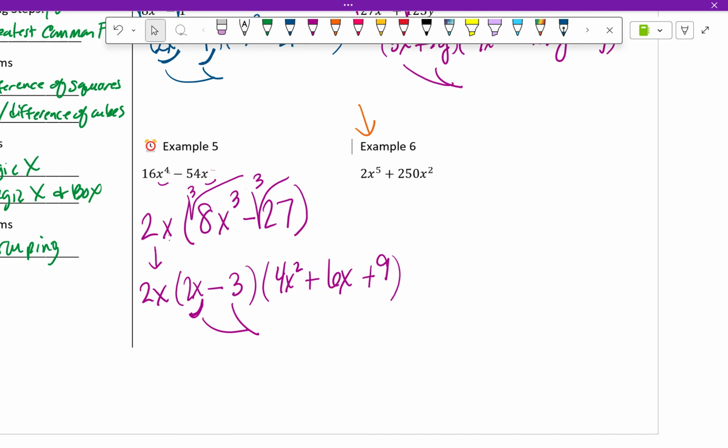Okay, talk about it with somebody at your table, even if all it is figuring out that you have the same GCF. I'll give you like 20, 30 seconds. Talk to each other, please.